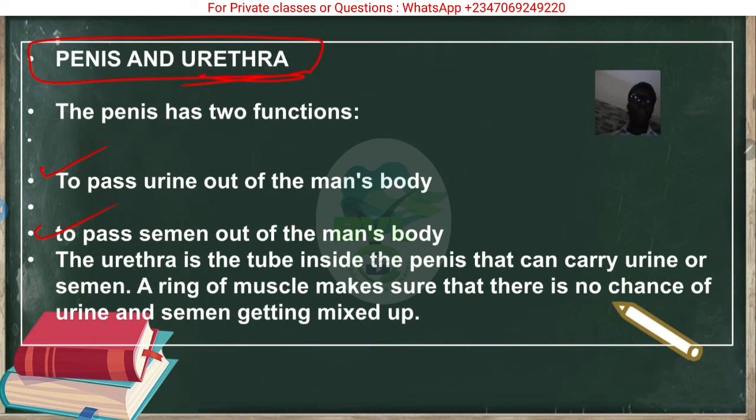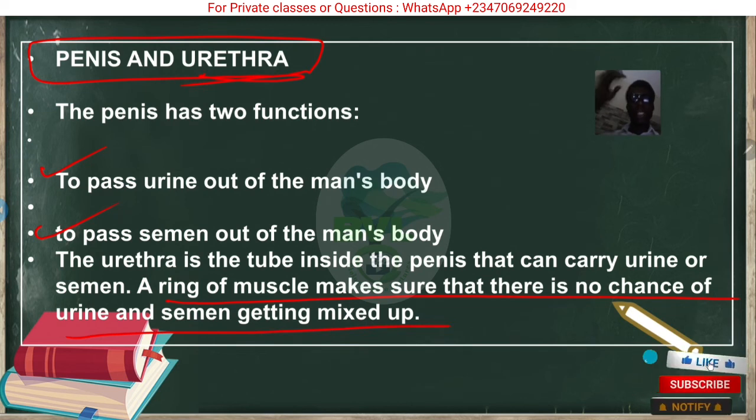Of course, if it's doing these two functions, you hope the two of them won't get mixed up. They won't get mixed up under normal circumstances, unless something goes wrong. There's a ring of muscle that prevents the semen from mixing with the urine. Let me explain what this means. When urine is coming out, semen will not come out during that period.